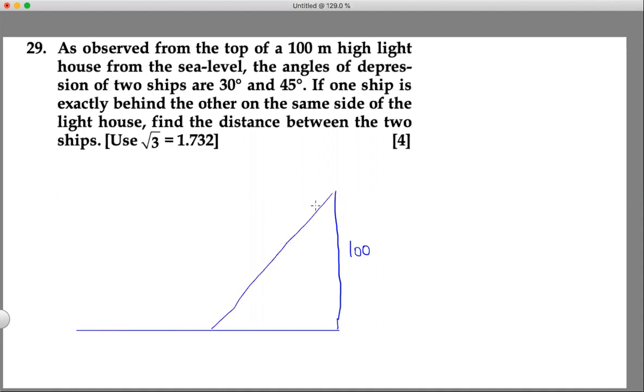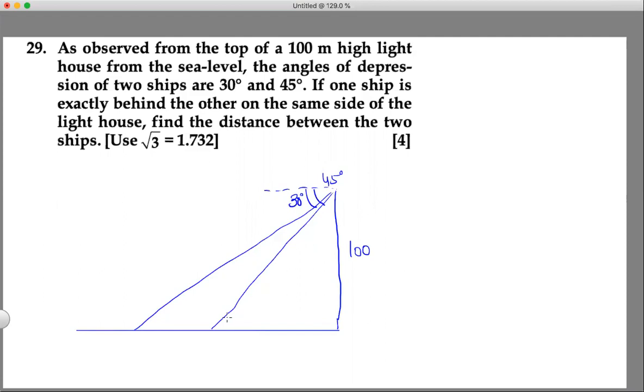Angles of depression are taken like this. So this angle is 30 degrees, and this angle is 45 degrees.